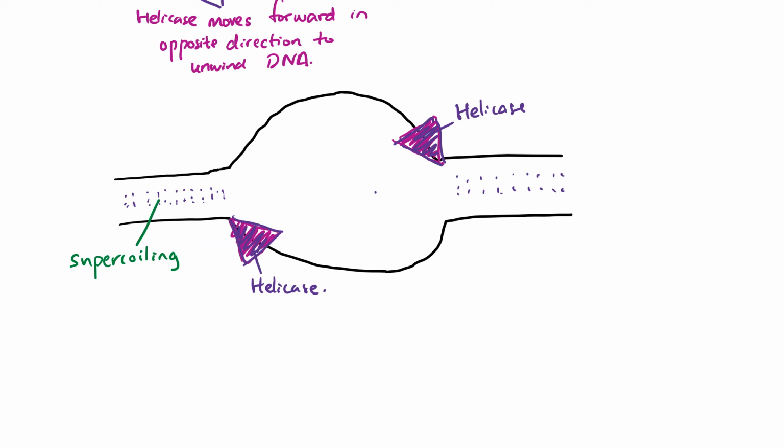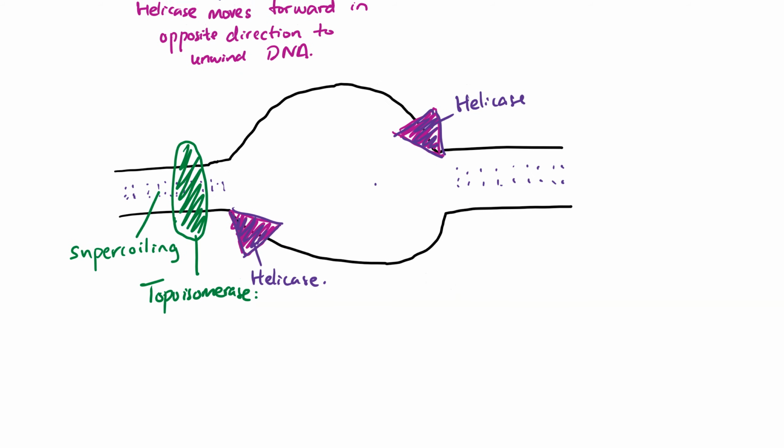So what happens is a specific protein comes to the rescue, and this protein is called topoisomerase. Topoisomerase is going to come in and relieve some of the strain created by this supercoiling situation.